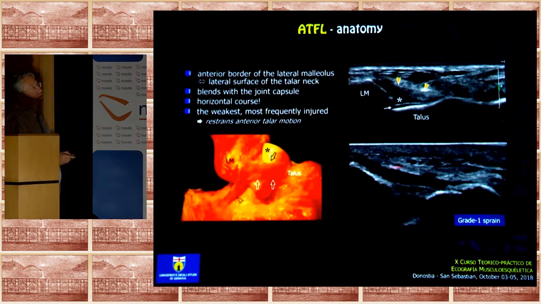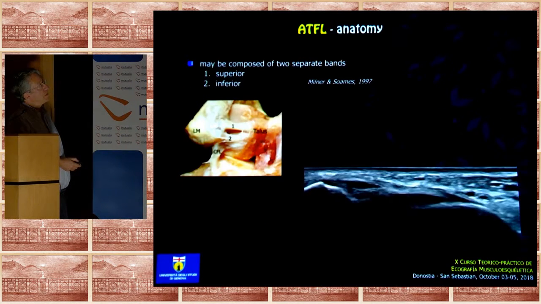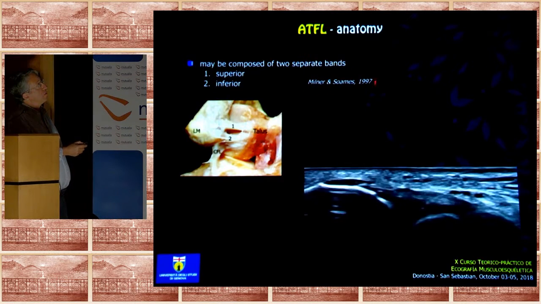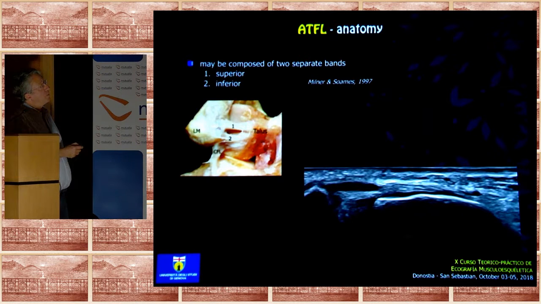So this is a sprain of the anterior talofibular ligament. So this is the shape of the ligament. You see it is very wide here, but based on some anatomical studies, this one published in an anatomical journal, the ligament in itself can be subdivided into two separate bands, superior and inferior.